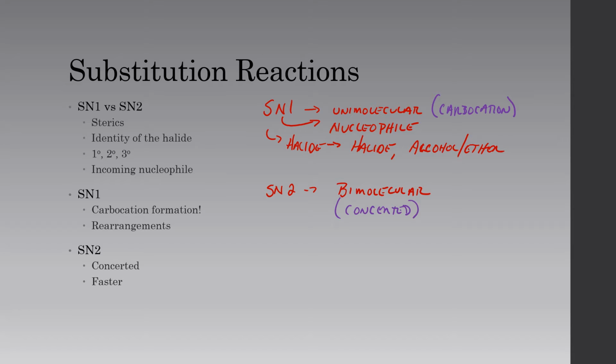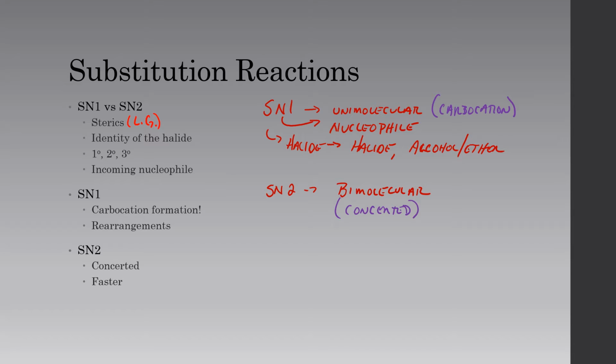So looking at the left-hand side there, one of the key differences to indicate whether we are going through SN1 or SN2 is the sterics of the leaving group. And remember, when I'm talking about leaving group, in this case, we're looking at the halide. The identity of the halide is going to play a difference also. Fluorine versus chlorine versus bromine versus iodine.